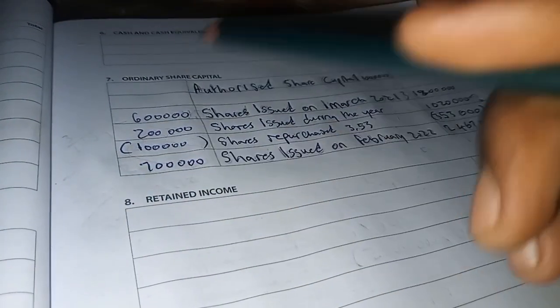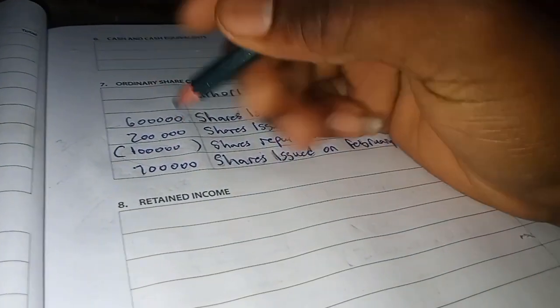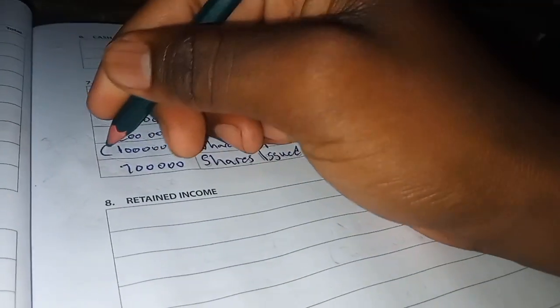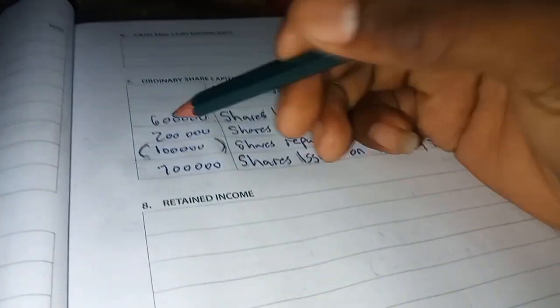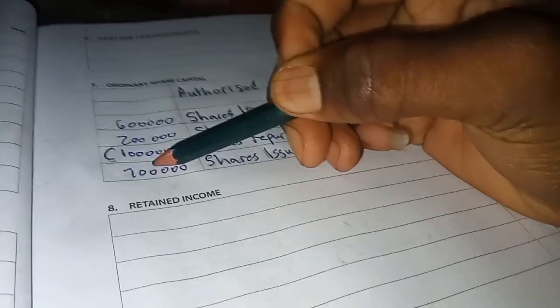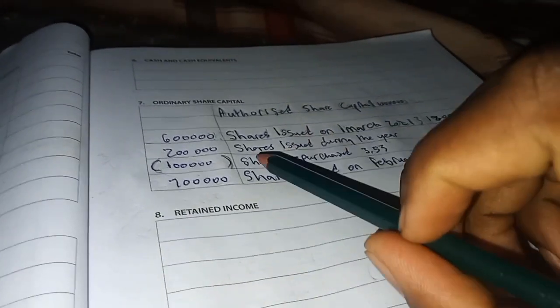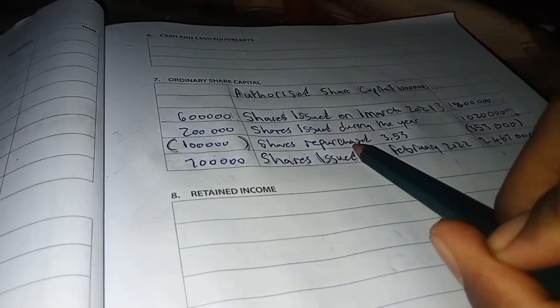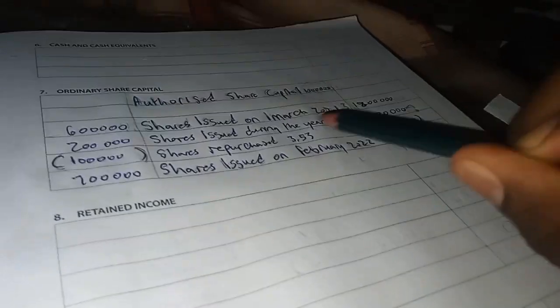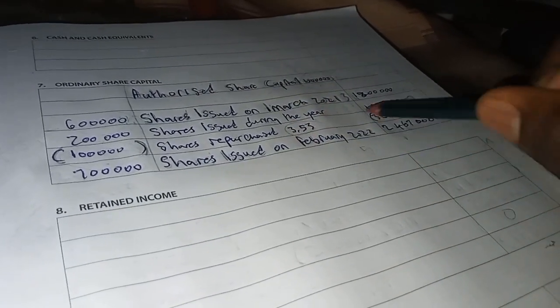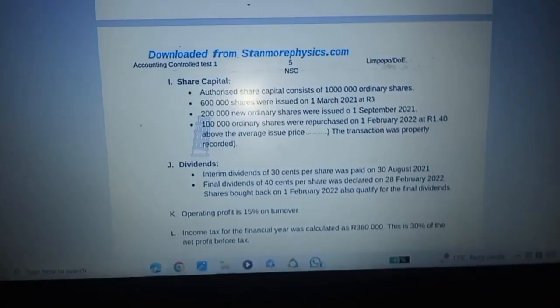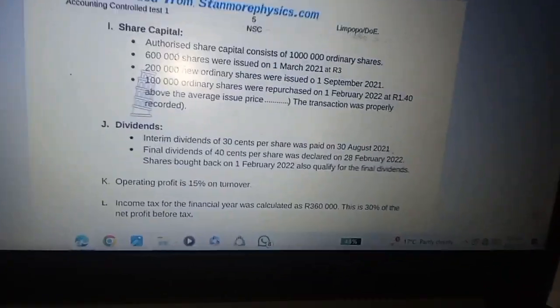These are the shares that were repurchased, and remember, shares that were repurchased must always be bracketed. It is 100,000, and you describe it as shares repurchased. For now we don't know this amount. So here is the end of our adjustments.